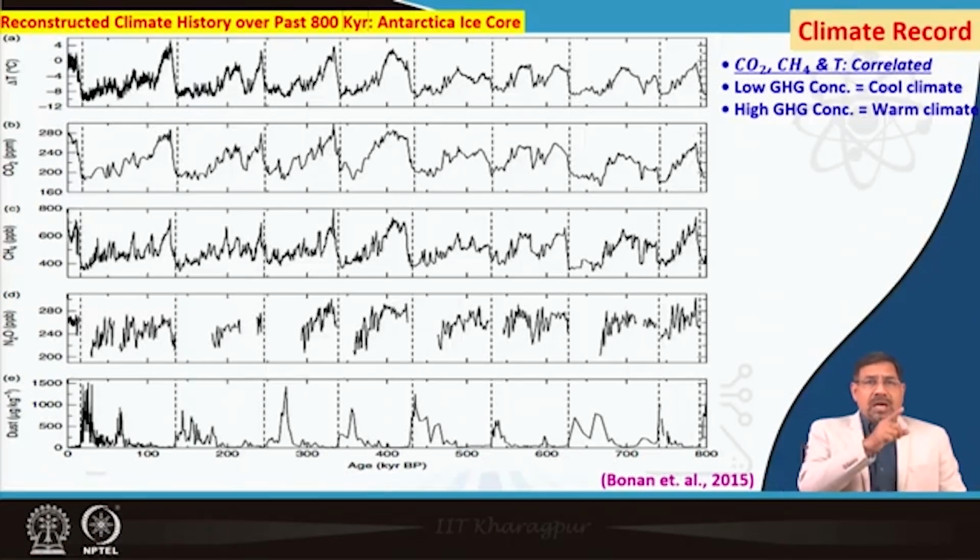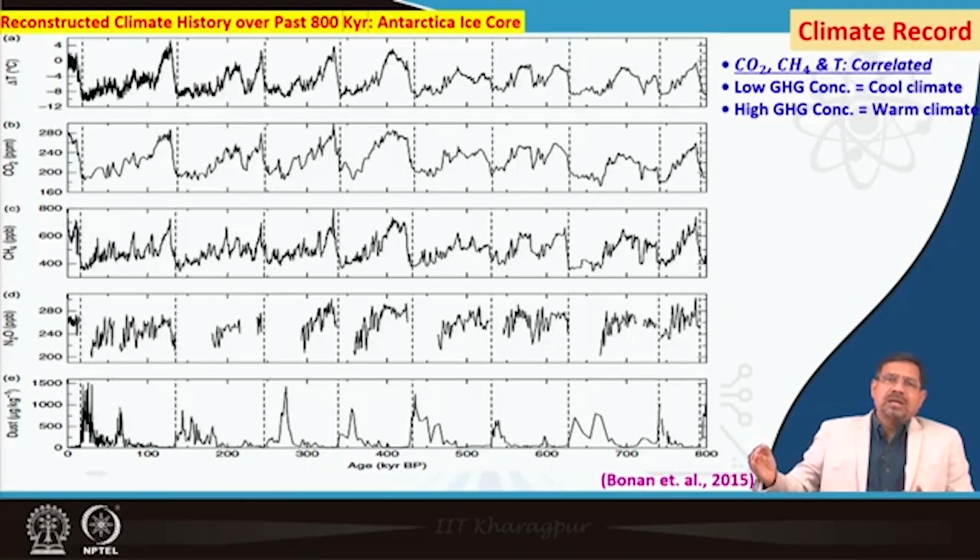If you look at the upper three, the top one represents the temperature variation since the past 800,000 years before present. The present is on the left-hand side, and 800,000 years before present is on the right-hand side. And look at the variation pattern.